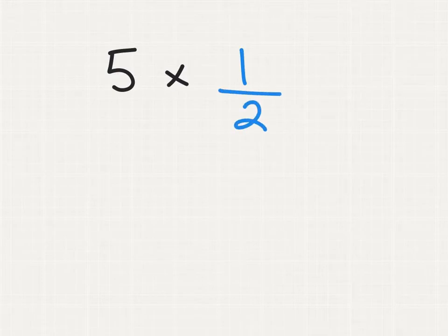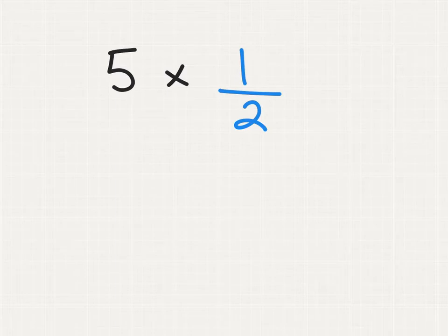So the next thing I would point out is, what happens when you're asked to multiply a whole number times a fraction? If you're asked to multiply a whole number times a fraction, the first thing you'll need to do is change the whole number to a fraction. I can't multiply fractions unless I have fractions.